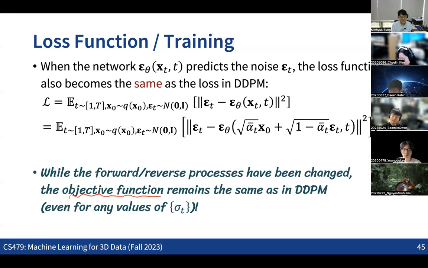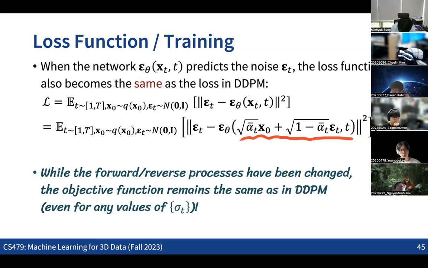It was intentional: we are modeling these processes in a way that the noise predictor we trained for the DDPM models can be directly used for the DDIM processes. So that's very important.